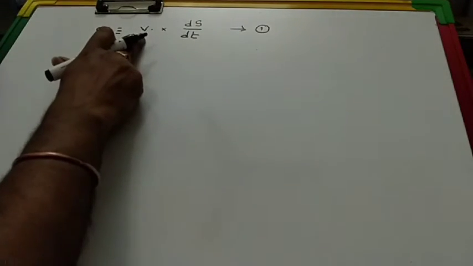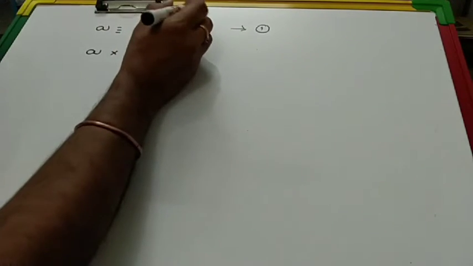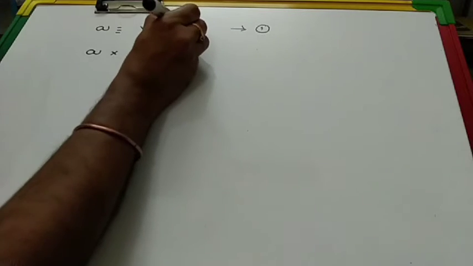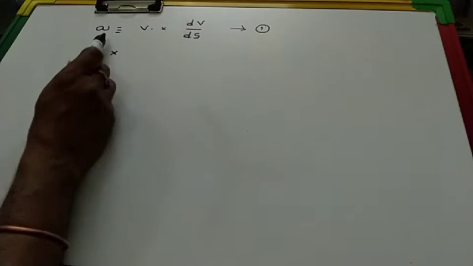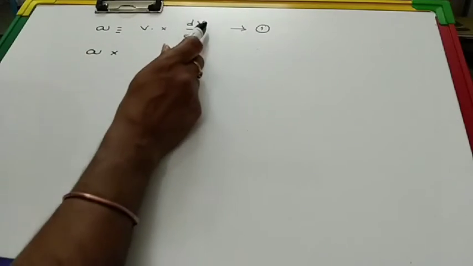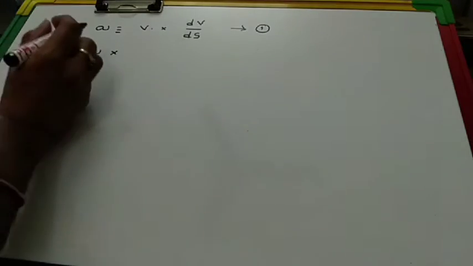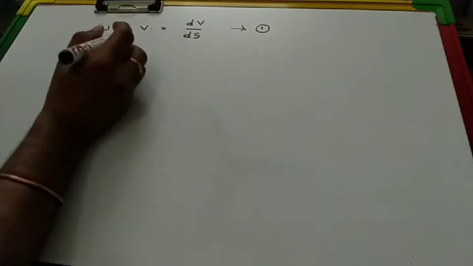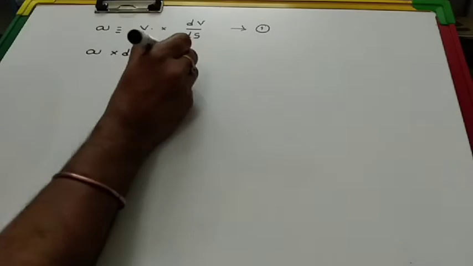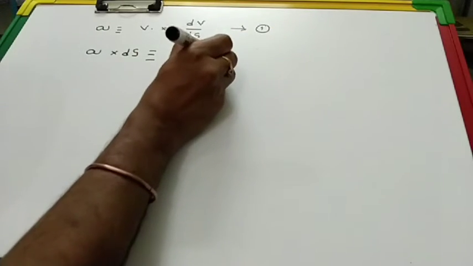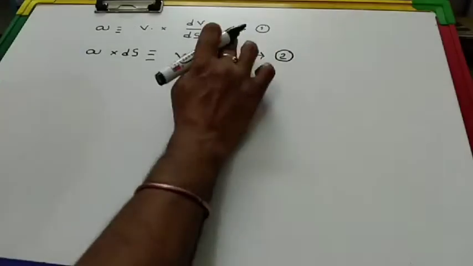Once again, the acceleration is equal to v into dv by ds. Now take this one to the left side: a into ds is equal to v into dv. Consider this is equation number 2.